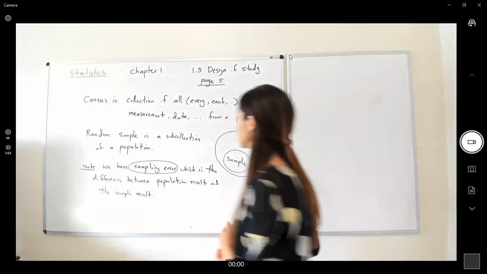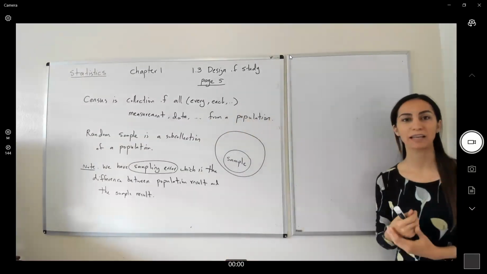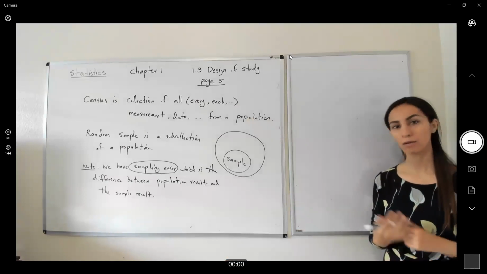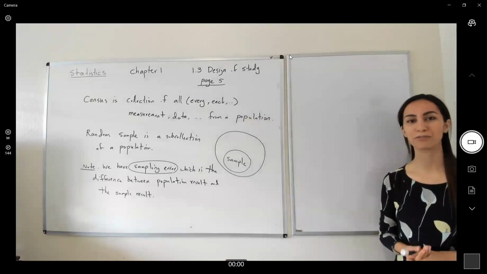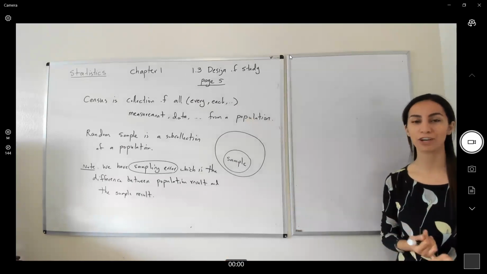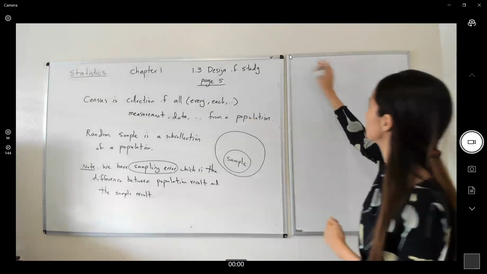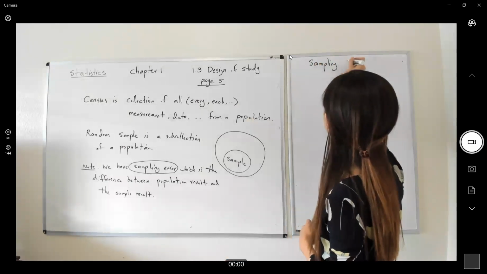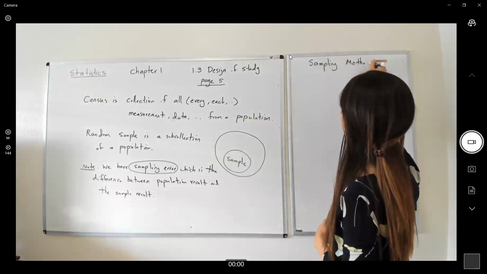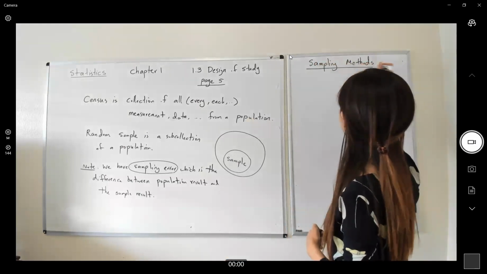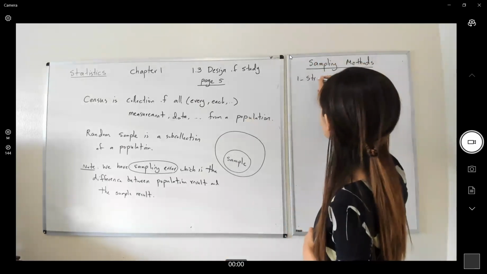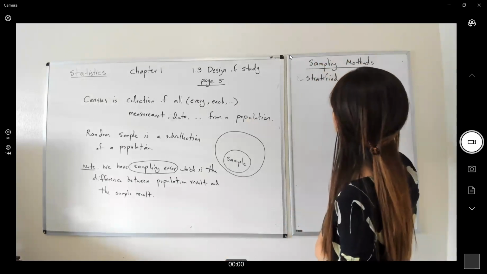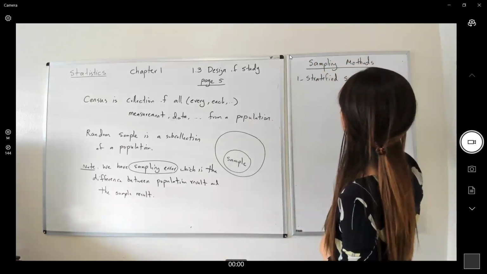Now, when it comes to sampling, we can apply many different methods. I'm going to mention 3 methods here for you. The first one is stratified sampling.